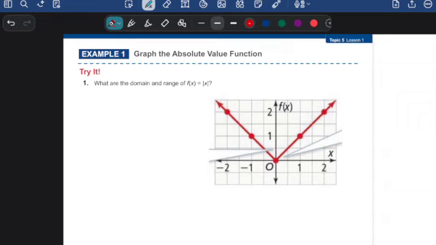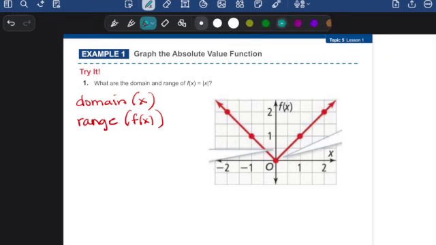So then let's talk about the domain and range of our parent function for the absolute value. Here, I've copied the graph again. Remember, domain is our inputs or our possible values for x. And our range is output, or our possible values for f of x. So for our input, what are the possible values for any x's? Well, we have arrows on the end of our graph, so it goes on and on to the left and on to the right.